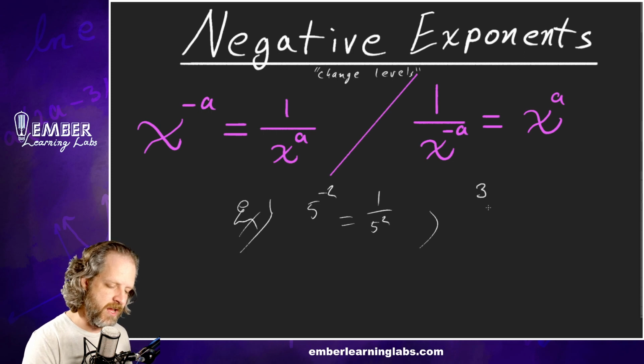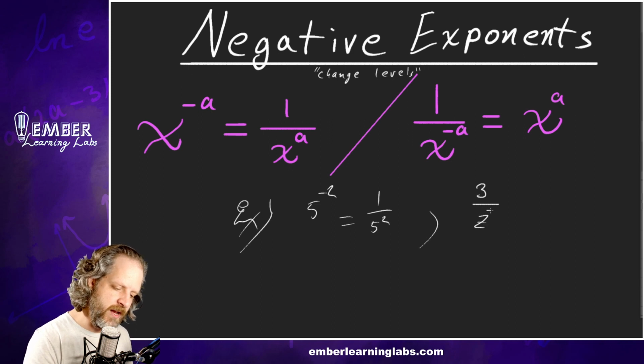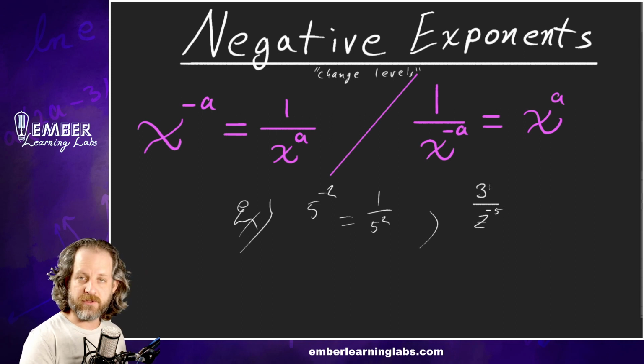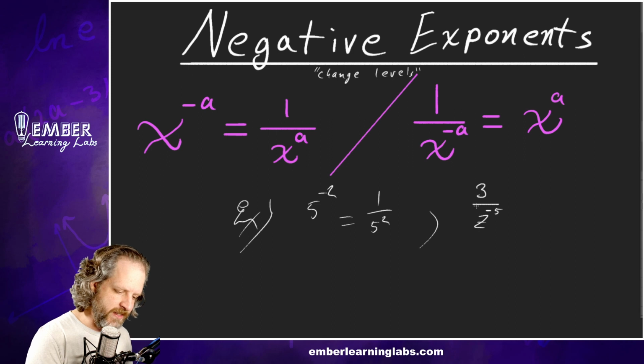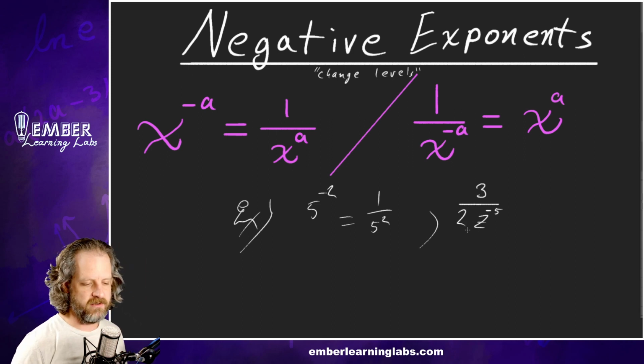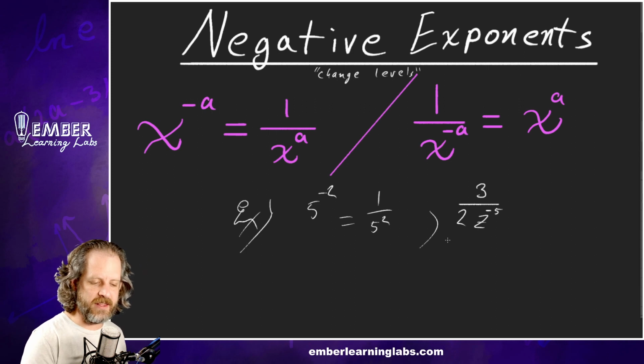Let's say 3 over z to the negative 5. All right, changes levels, goes up to the top. Actually, let's add to this example. Let's add something into the denominator, right? Let's put a 2 over here. 3 over 2 times z to the negative 5.